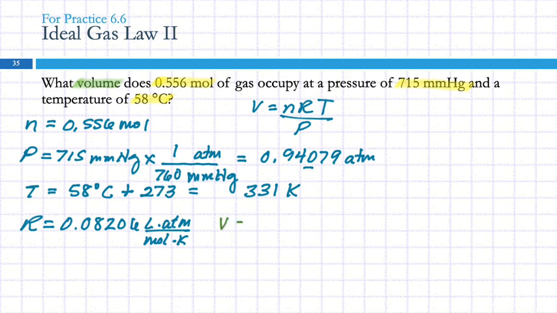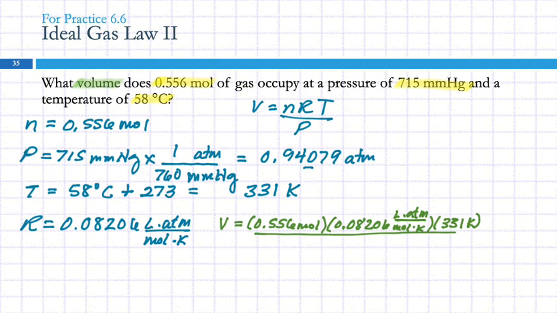So the volume will be equal to the moles of gas, 0.556 moles, times the ideal gas constant, 0.08206 liter atmospheres per mole Kelvin, times the temperature in Kelvin, divided by the pressure in atmospheres.